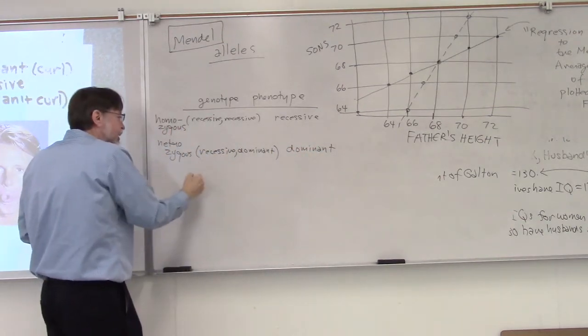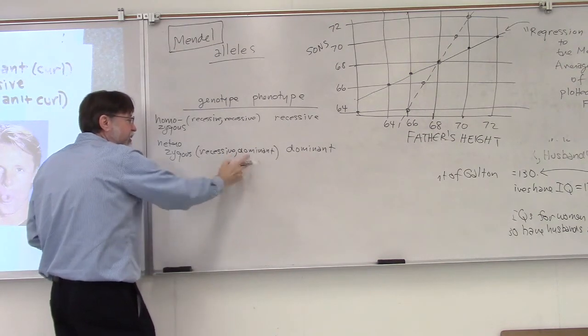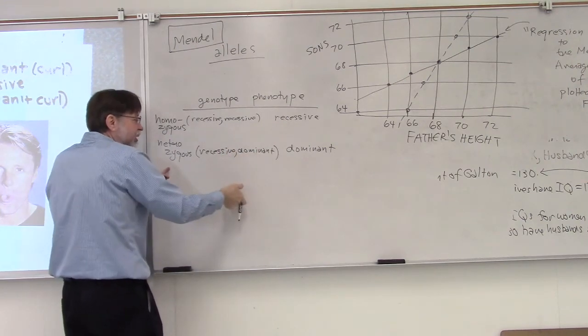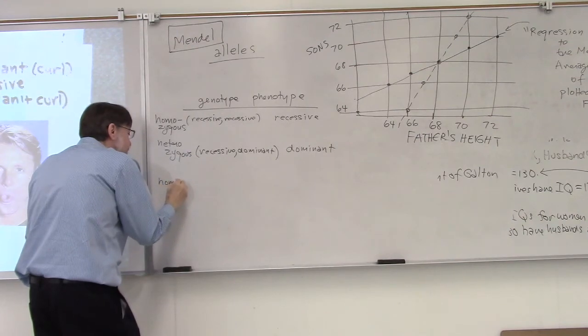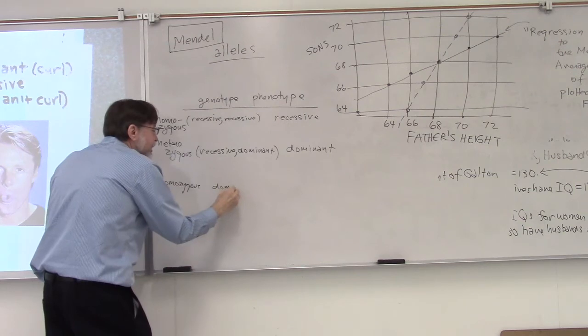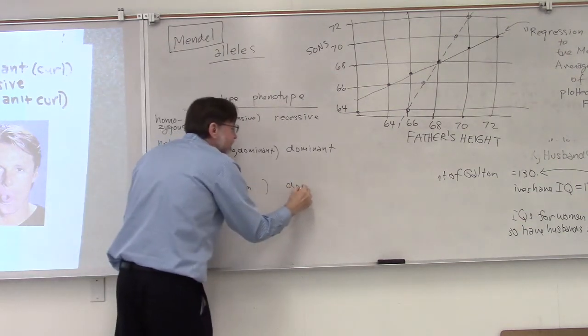So homozygous with a recessive and a dominant is heterozygous, a recessive dominant or dominant recessive. Now if you're homozygous dominant, which means you have dominant from the mother and dominant from the father, then you're going to have the dominant.